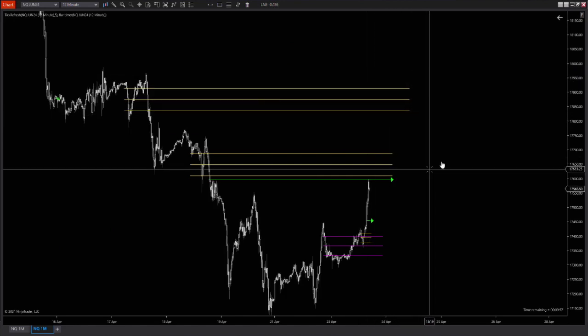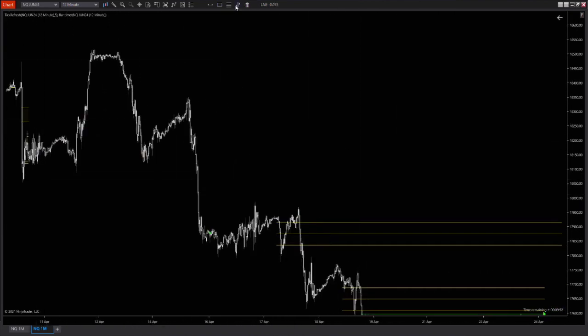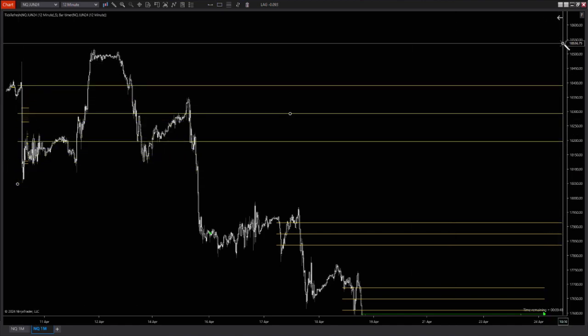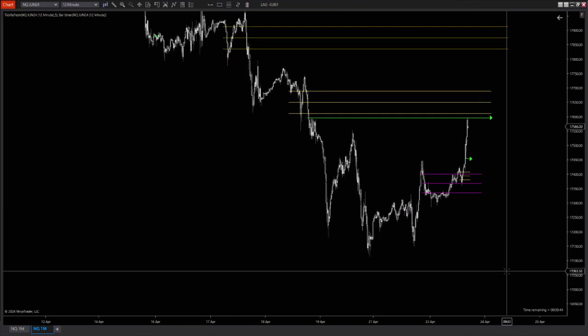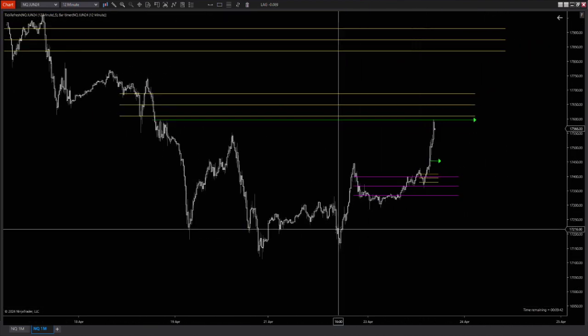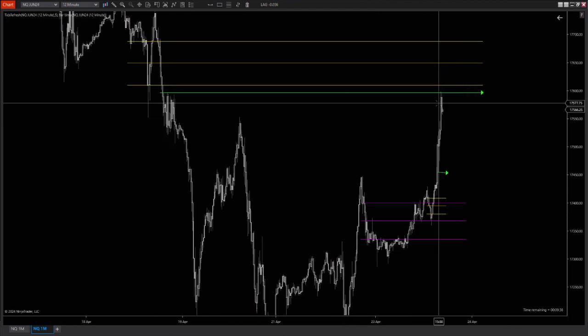This zone is unmitigated just above it. While going over here, we have an even higher thingy right here. But yeah, this is all higher time frame moves. You don't want to be. So it's just focused on the levels here.